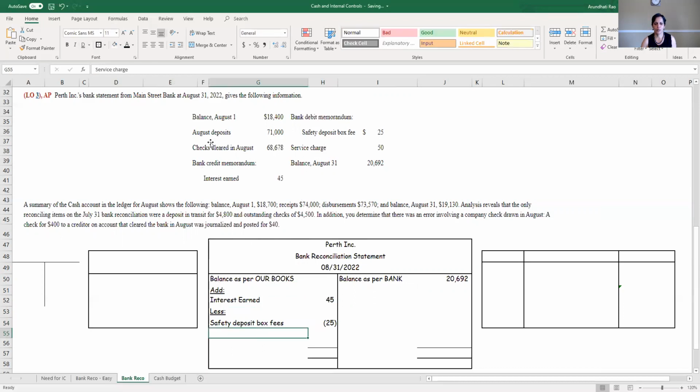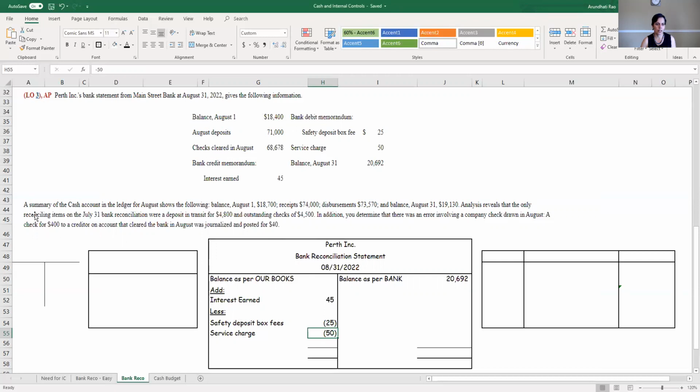Service charge, they're charging me a monthly fee, or perhaps for something else, $50. They're just informing me they've already done it. When it's in the bank statement, it's already happened, which means I need to update my books. So I have one credit memo and two debit memos that I have taken care of over here. From the bank statement, I have the necessary information in the bank reconciliation statement.